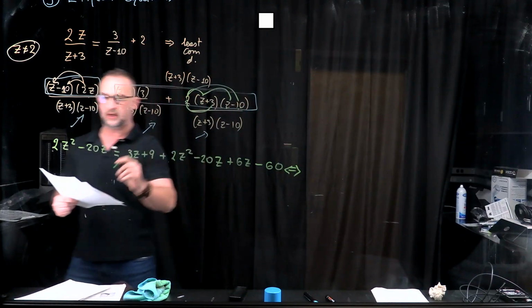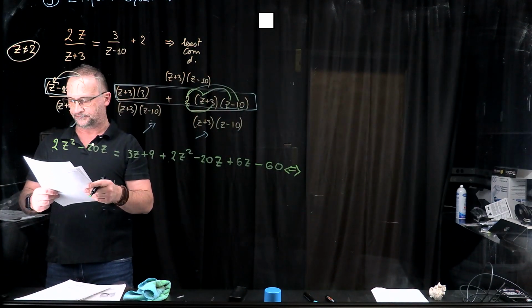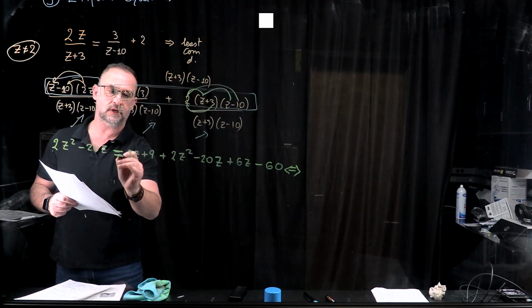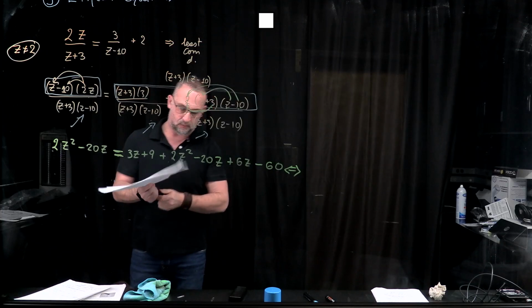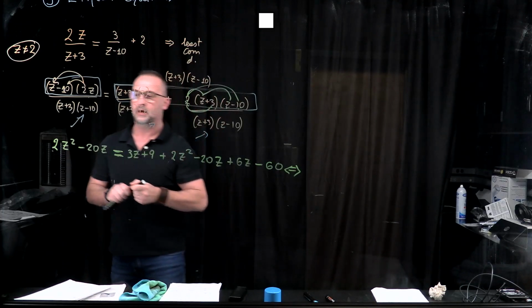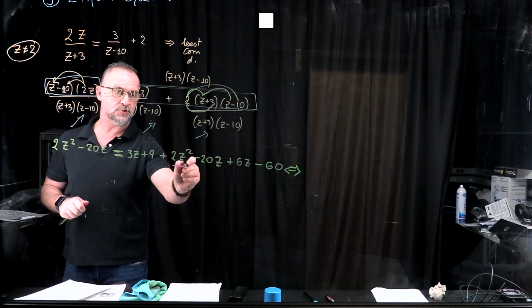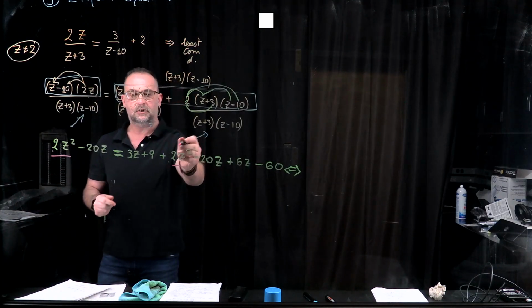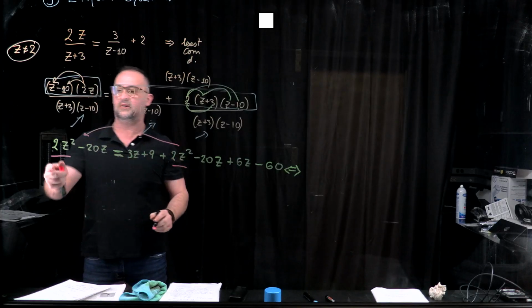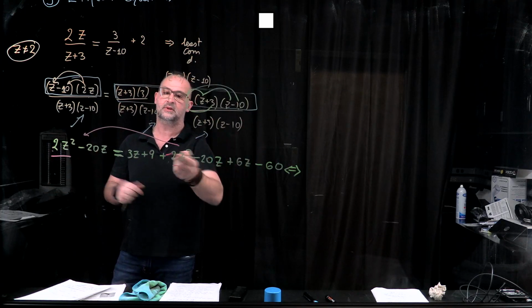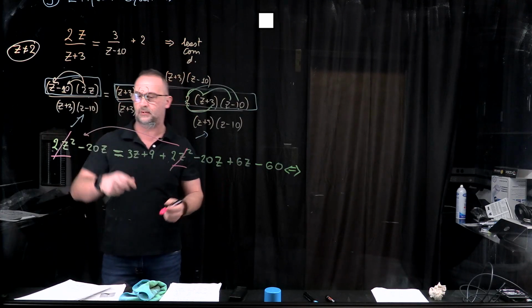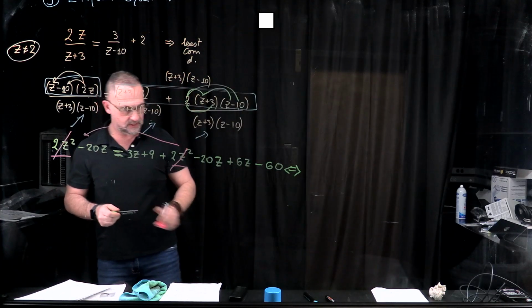Again, we bring everything to one side. However, we can easily observe that we get a plus 2z here and a plus 2z here, left and right. So either you bring this over here and say 2z squared minus this, or you can just cancel them because one is on the left and the other is on the right hand side.